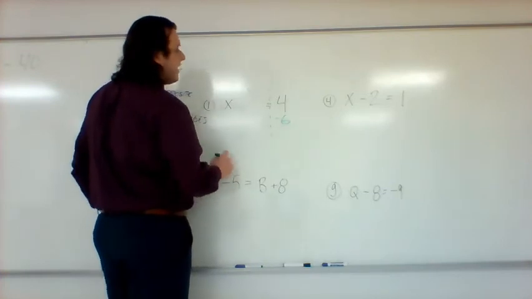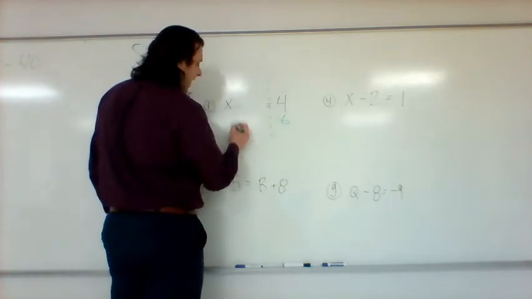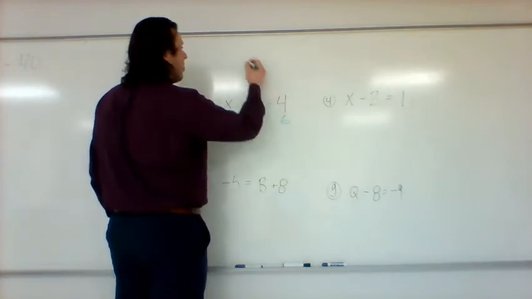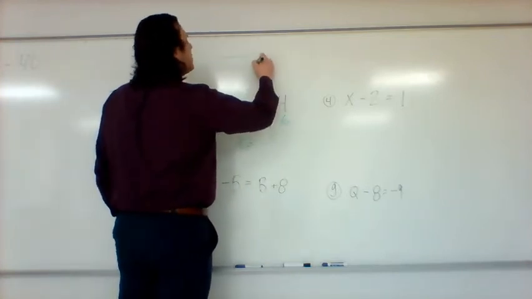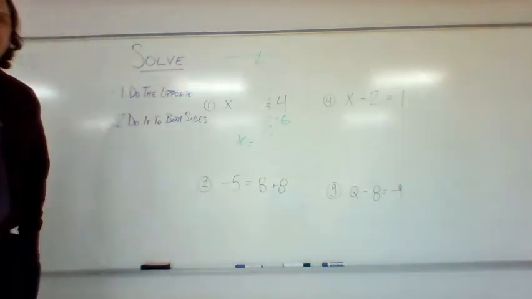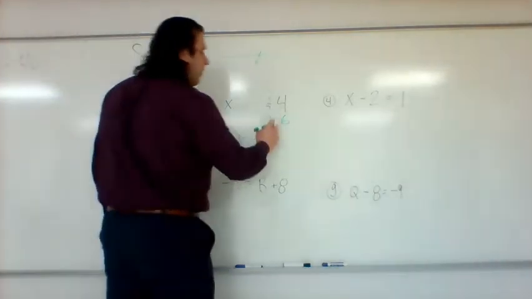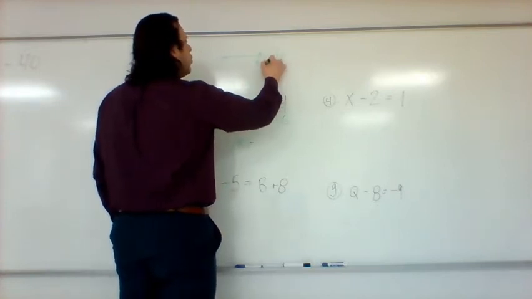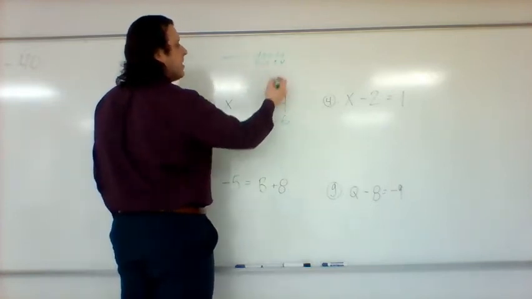So what we need to do is say x equals, what is 4 minus 6? I'm going to use a number line, but you can use your calculator to take 4 minus 6. So here's 4, 3, 2, 1. Minus means move to the left.